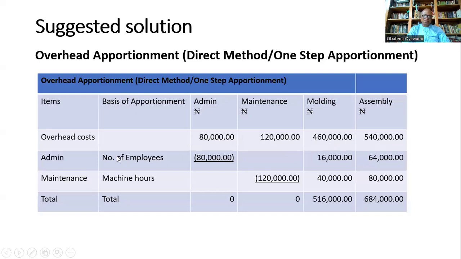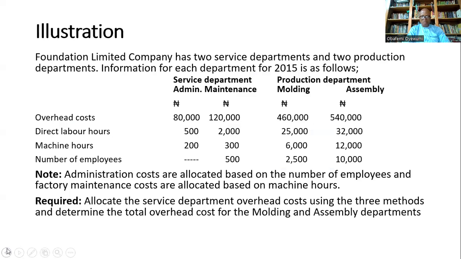Now let us apportion the cost here to the molding and assembly production centers. So what are we going to do? It is based on the number of employees. You go back to the question and see how many employees they have. For molding it is 2,005, and for assembly it is 10,000.